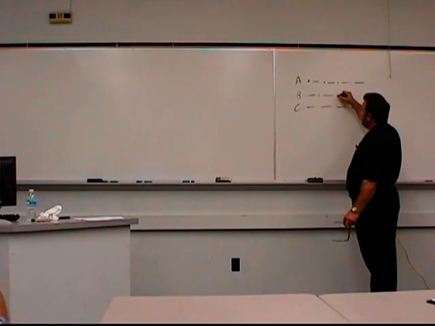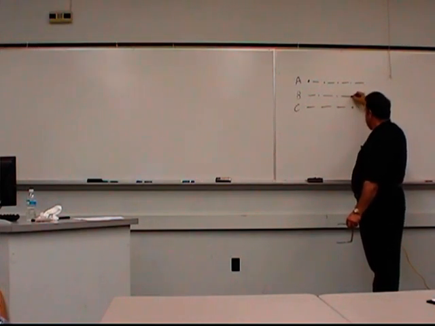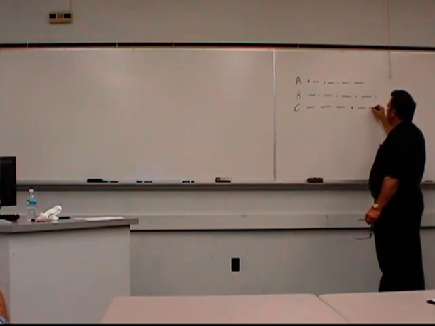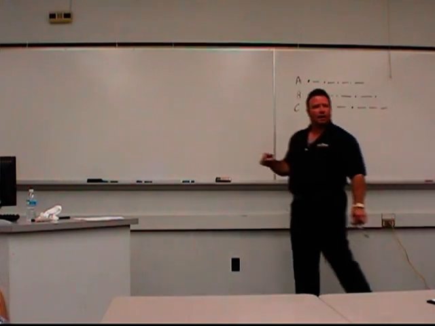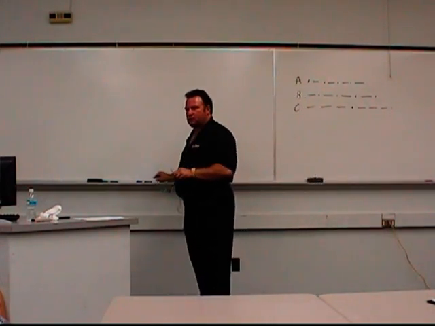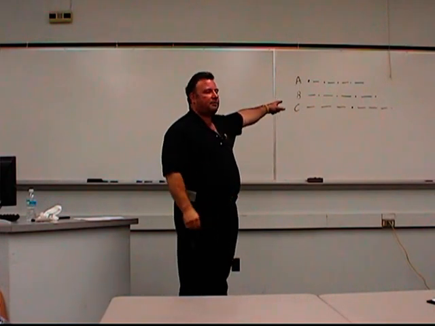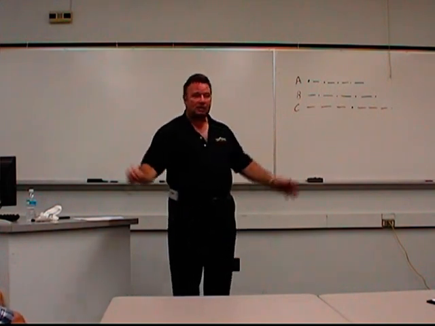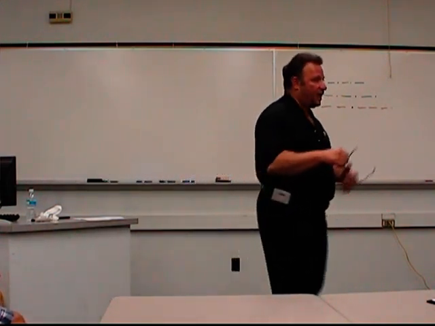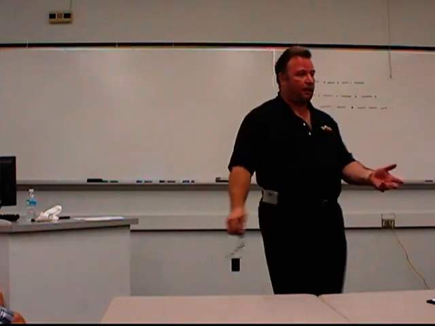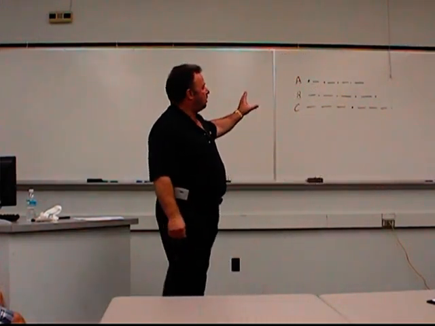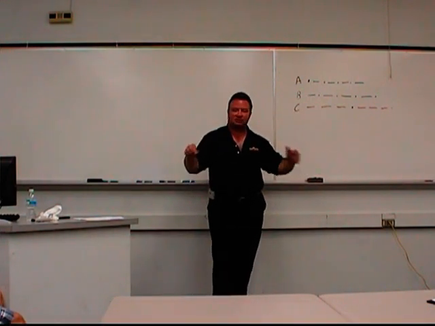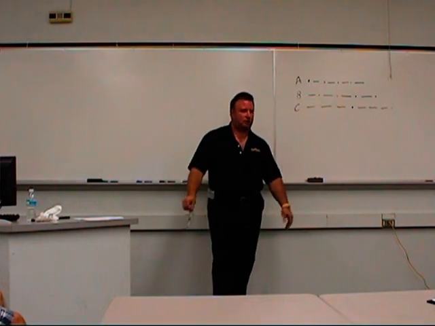The letter B is dash, dot dash, dot dash, dot dash, 1, 2, 3, 4, 5, 6, 7, 8. And we'll say C is like that. And we have all the characters we can possibly think of as some combination of those dots and dashes: ABC, 1, 2, 3, period, space, exclamation mark, colon, semicolon, everything is made up of those 8 dots and dashes, right? So far that makes sense to everybody? Same as Morse code, we just came up with our own Morse code.